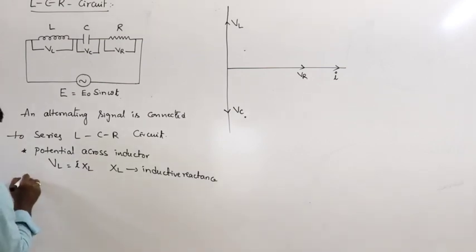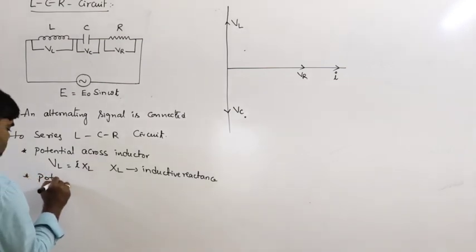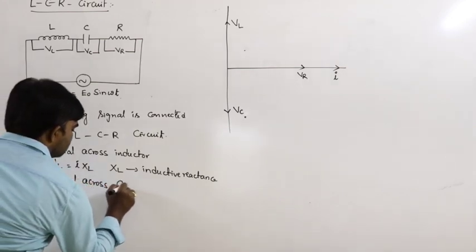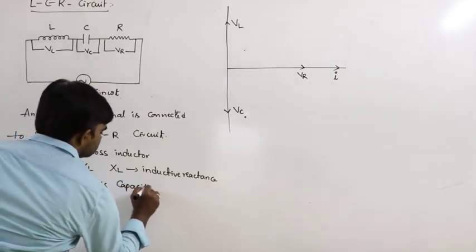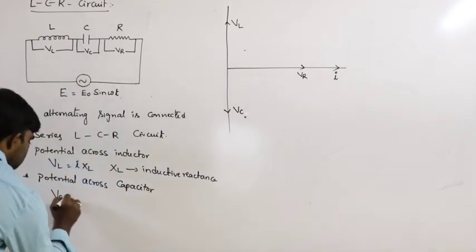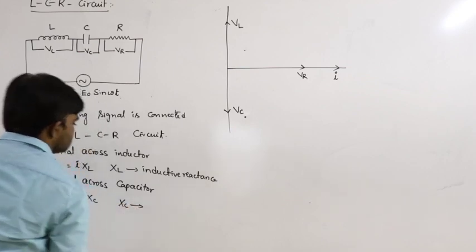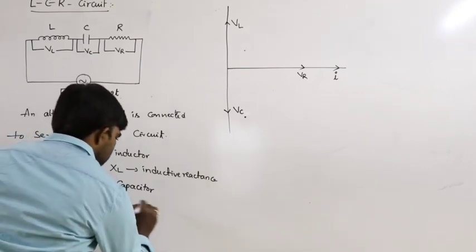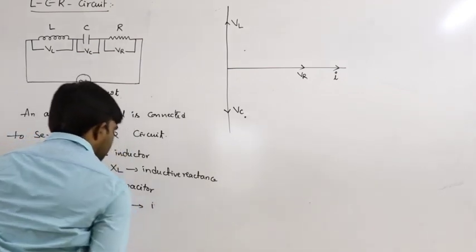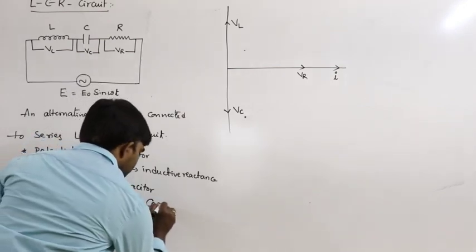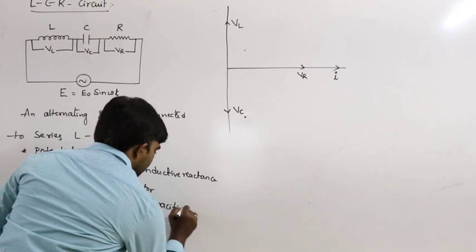Next, what is the potential across the capacitor? VC is equal to I XC, where XC is the capacitive reactance.